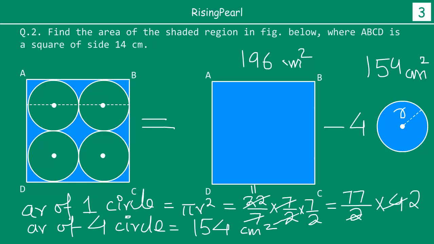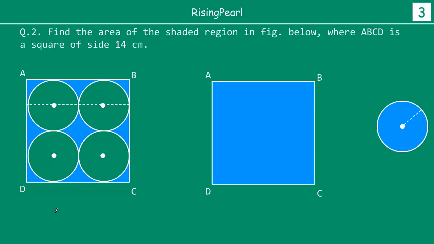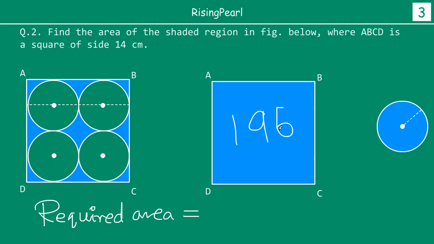That means our required area is equal to 196 minus 154.